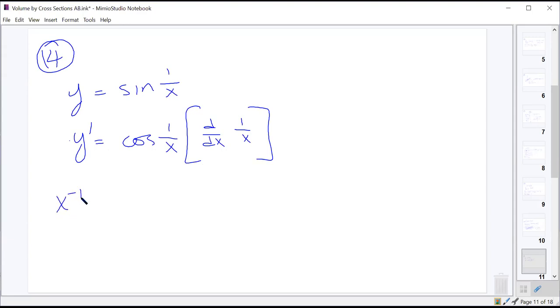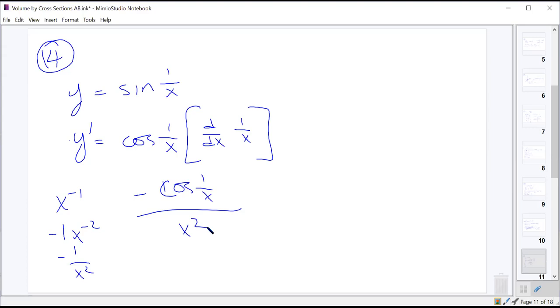Taking the derivative of x to the negative 1, that's negative 1 x to the negative 2, or negative 1 over x squared. You just use the power rule for it. So you got negative cosine 1 over x over x squared. But they wrote the fraction out in front. Does that make sense?